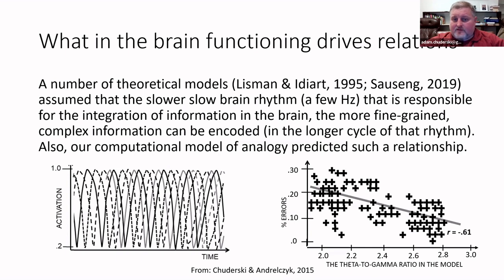By manipulating our parameters, we could generate 100 variants of the model, so 100 simulated participants, which differed in how their oscillatory working memory operated.